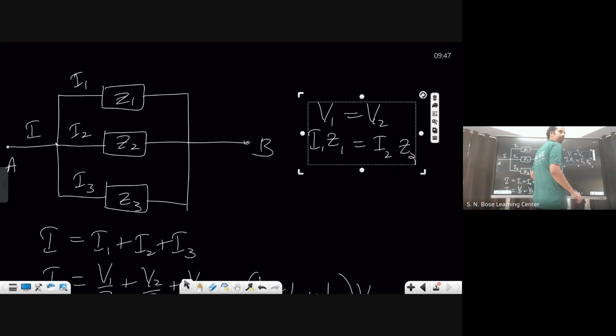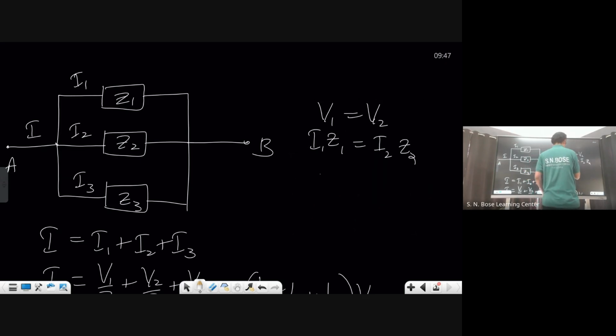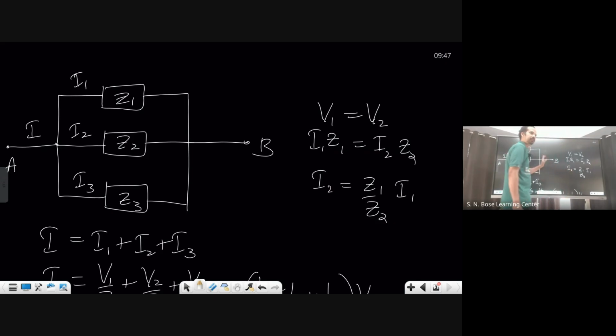Is that right? Now what do I need? I2 is equal to Z1 by Z2 into I1. I'll take I1 along the real axis and check where this complex number is. You got it? Anything, you should be able to do with complex algebra. Shall I move on?